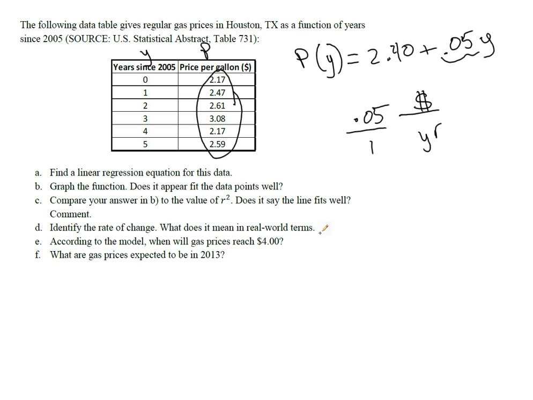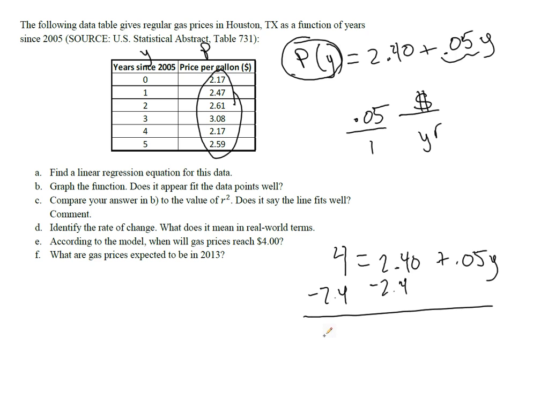According to the model, when will gas prices reach $4? So we want the price to be $4. So when does 2.40 plus 0.05y equal $4? So we subtract 2.4, which gives us 1.6 equals 0.05y. And now we divide by 0.05.